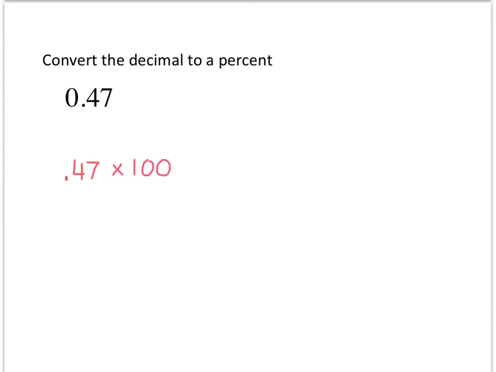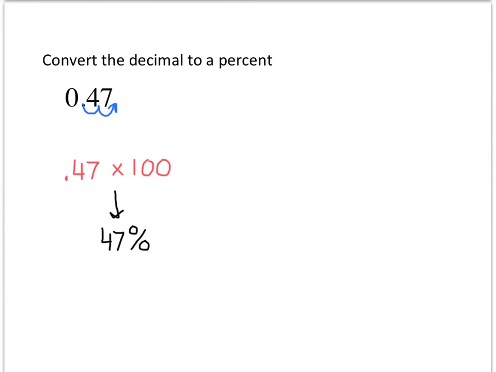Now remember, multiplying by 100 is essentially saying that I'm moving this decimal point, 0.47. Now that we're multiplying it, we're moving it to the right. So I actually see that this simplifies down to simply 47. And since we're now talking about percents, that would be 47%.